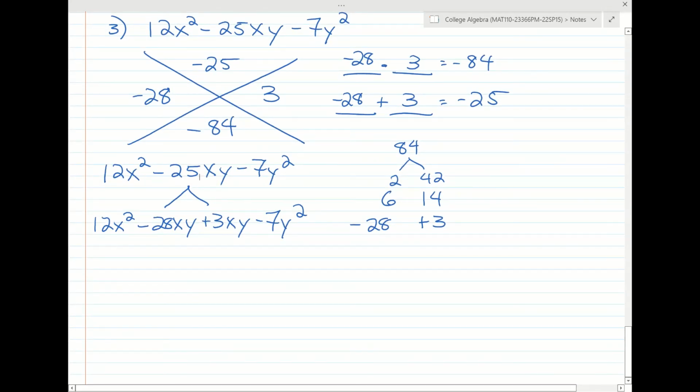So just like before, we broke up the middle term. We're going to cut it down the middle and factor by grouping. Looks like we could take a 4x out of this first group, and we get 3x minus 7y. We could take a y out of the second group, and we get 3x minus 7y times 4x plus y.